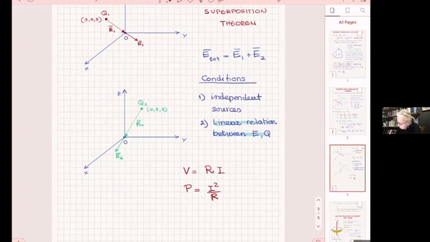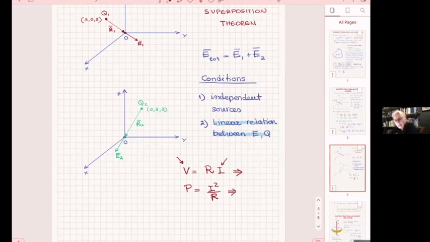If this is your source, and this is the result of the source, only the voltage, all right? You can superimpose voltages and for that matter fields, but you cannot superimpose powers.